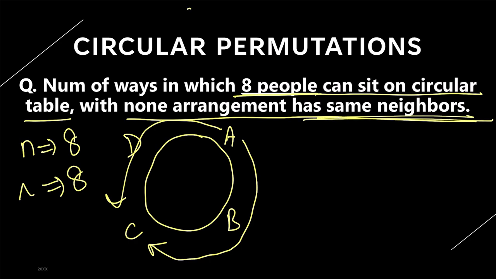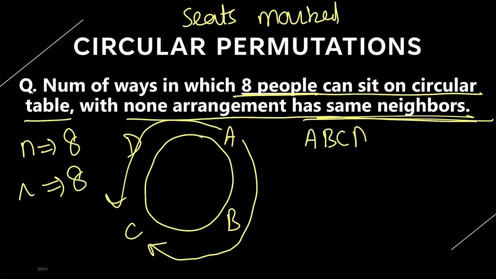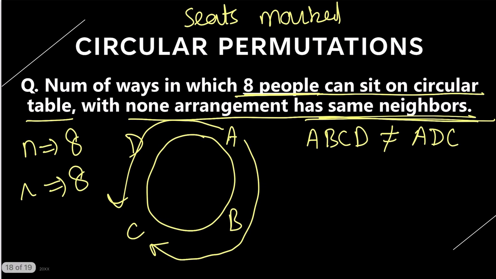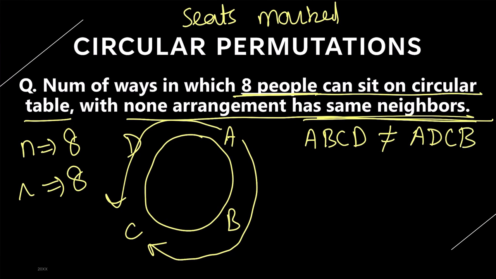No same neighbor means the seats are marked. So A, B, C, D is not equal to A, D, C, B. The person sitting next to, suppose this is one case, A, B, C, D, right? None has the same neighbors, so A, B, C, D should not be equal to A, D, C, B.